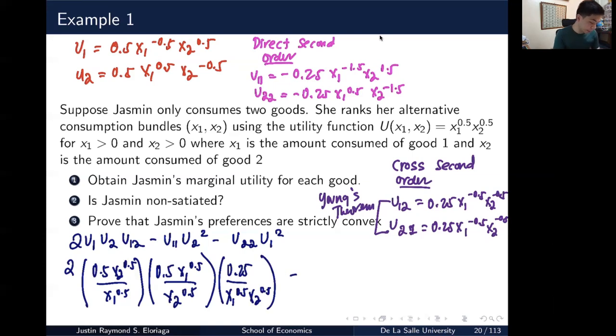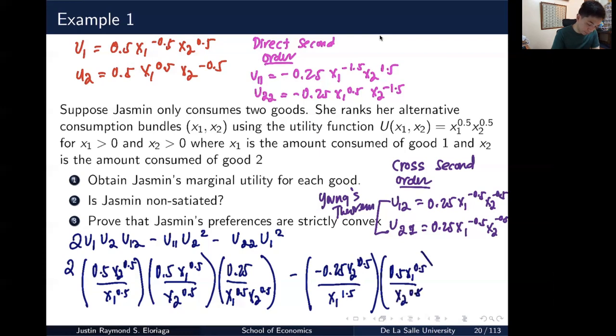Minus u11, which is negative 0.25 x2^0.5 over x1^1.5, times u2 squared, which is (0.5 x1^0.5 over x2^0.5) squared.